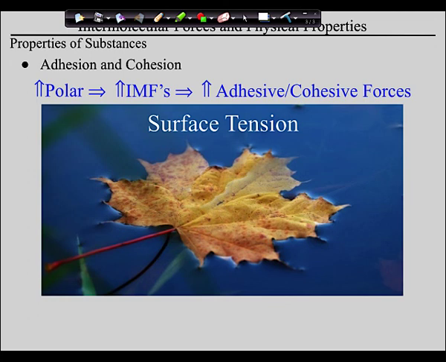So, regarding methyl chloride and methyl bromide, which will have the stronger cohesive forces? See how that brings everything together? So by drawing methyl chloride and methyl bromide and identifying the one that is the most polar, you can then answer this question and figure out which one will have the stronger cohesive forces.